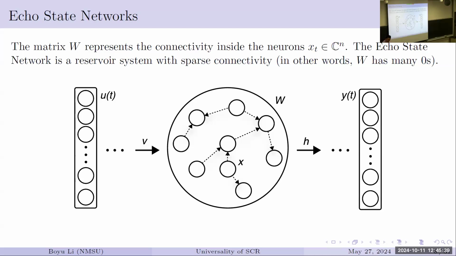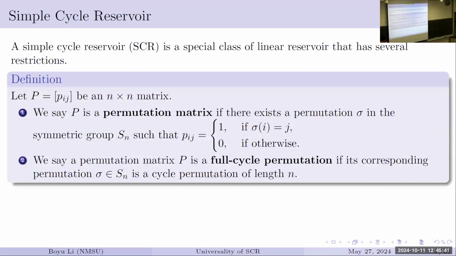Okay, so now I will explain what the simple cycles are. The simple cycle reservoir is essentially the easiest echo state you can get. It's extremely restricted. Let me first recall that a permutation matrix is basically, if you have a permutation in a symmetric group, then you have a bunch of 0s and 1s corresponding to that permutation.